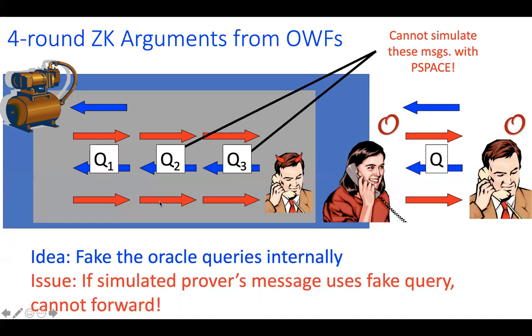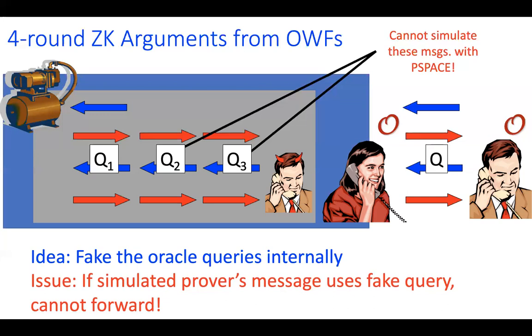Well, if in the second session I take the fourth message that I forward outside, it could make this verifier outside query at a point that was faked internally. In which case we can no longer conclude that if it was accepting inside, it will be accepting outside. So we can fake queries inside and go through, but we can no longer conclude that the outside verifier is going to accept.